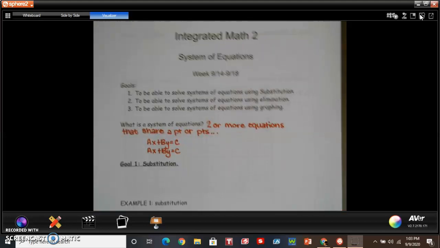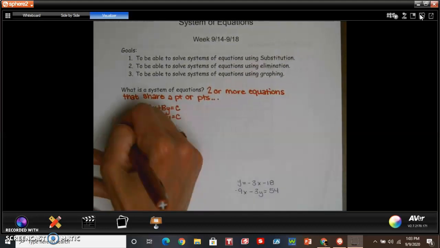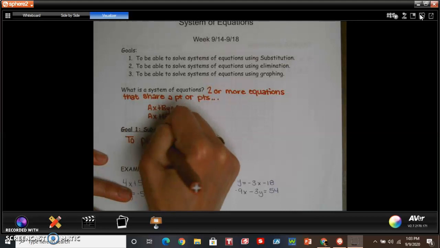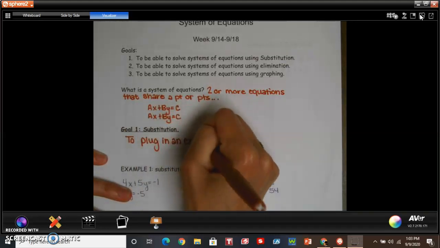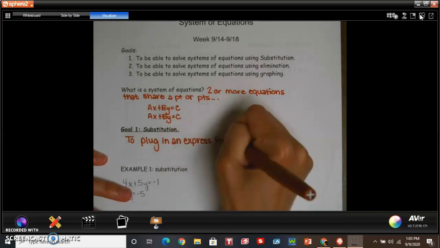So our first method, goal number 1, is using substitution. This is whenever you're going to plug in an expression for a variable.